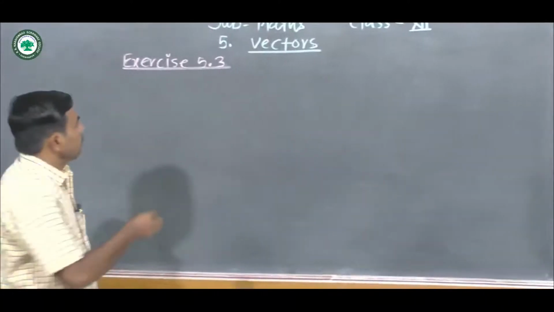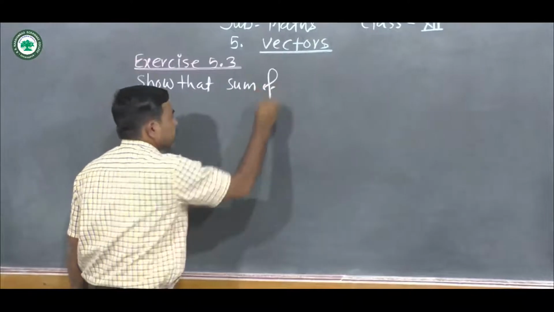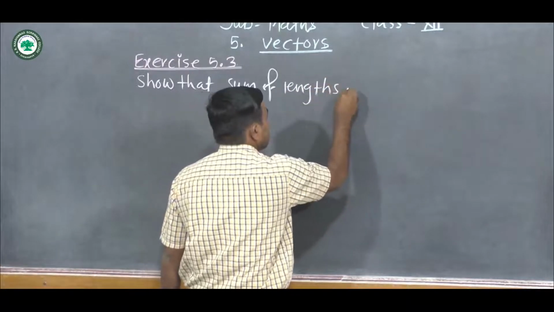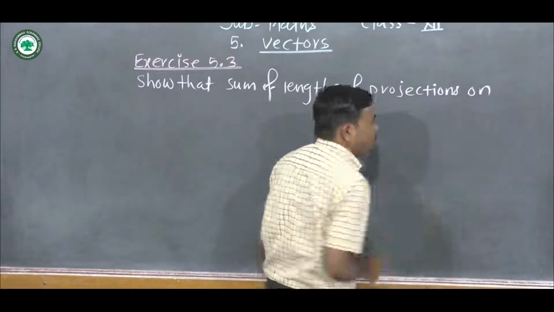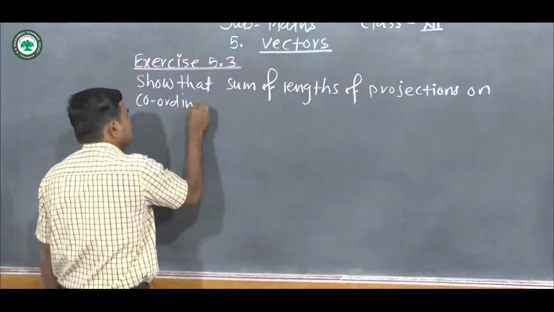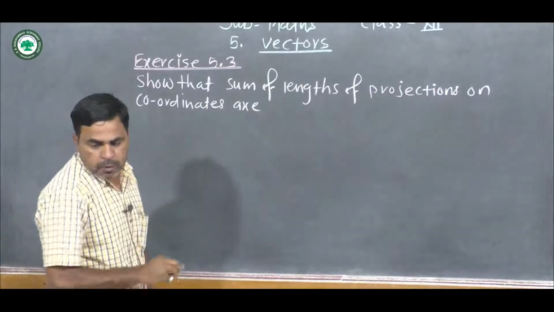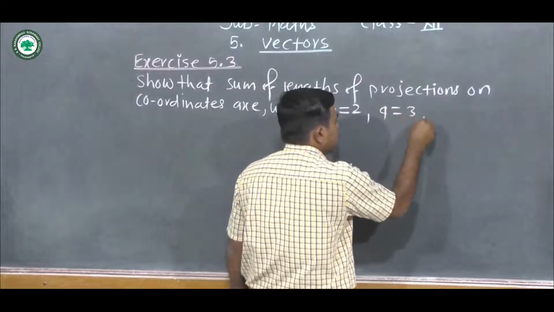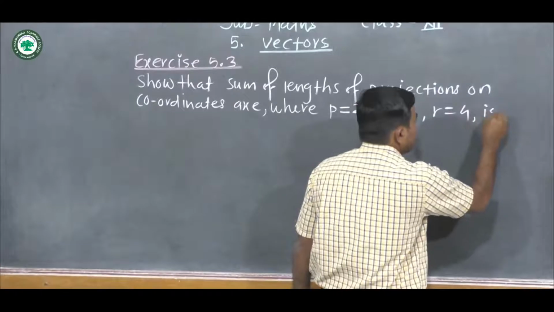Show that the sum of the lengths of projections of P into I cap plus Q into J cap plus R into K cap on coordinate axis, where P is equal to 2, Q is equal to 3 and R is equal to 4, is 9.